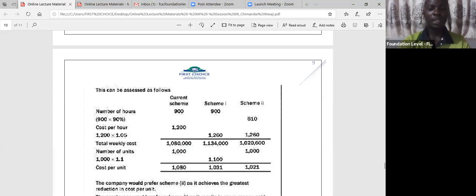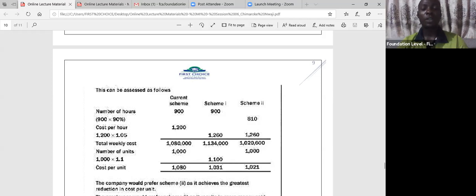It means that if they were paying you 1,200 before, they will now multiply it by 1.05. 1.05 means 100% plus 5% bonus, which is 1,260.